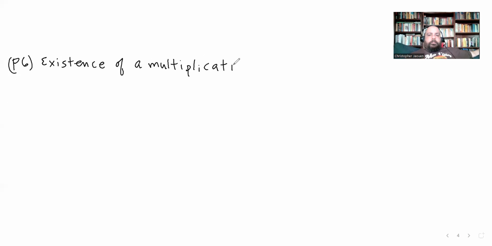So P6 is next. P6 says existence of a multiplicative identity. Right.